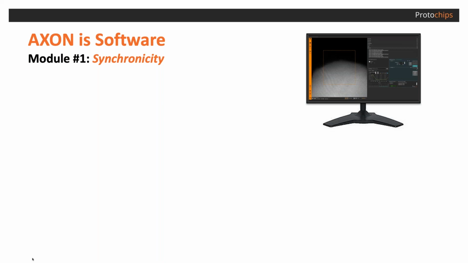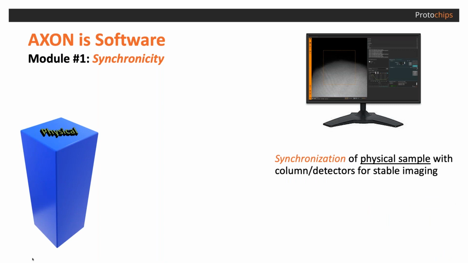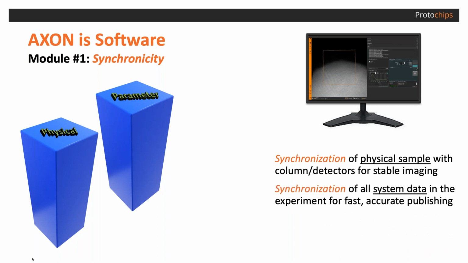And Synchronicity does three main things. It has three pillars of delivery here. The first one is physical stabilization, physical synchronization of the sample in whatever holder it happens to be in with the microscope, with the imaging detector. The next one is parameter synchronization, taking all the data from the microscope, the detectors, the holders, and marrying it seamlessly and automatically with all the data that's being collected.